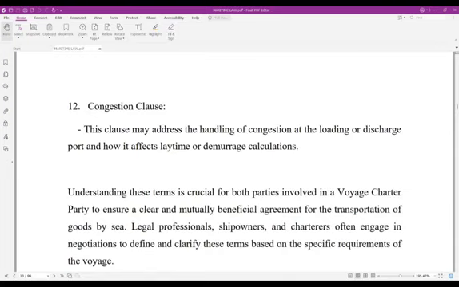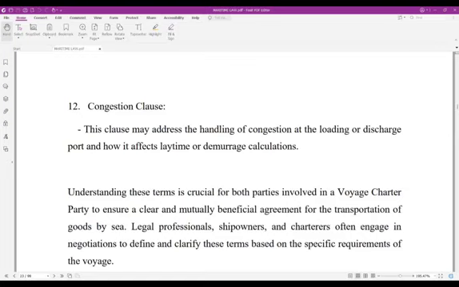Vessels may be too many at the point of loading or the discharge port. This clause addresses how it affects laytime or demurrage calculations.